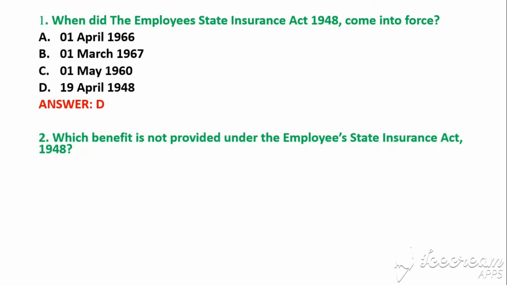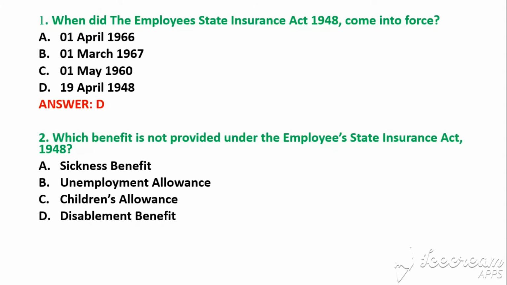Next question is, which benefit is not provided under the Employees State Insurance Act 1948? The options given: first one, sickness benefit. Another one, unemployment allowance. Third one is children's allowance. Last one, disablement benefit.